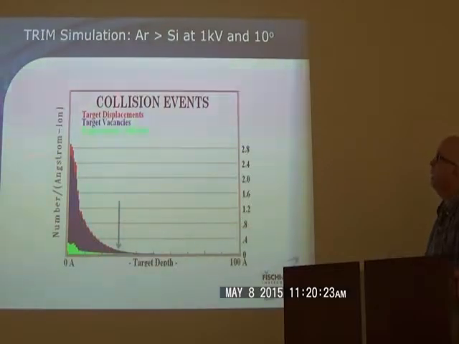In this software, you can vary the angle from 10 degrees to 90 degrees, choose different ions, not just argon, you can use gallium, and different materials, not just silicon, whatever you want, and figure out what the bad layer is going to be like. Here, they're predicting about 3 nanometers for 1 kilovolt argon on silicon at 10 degrees, which is in the ballpark, not too bad. Next slide, please.